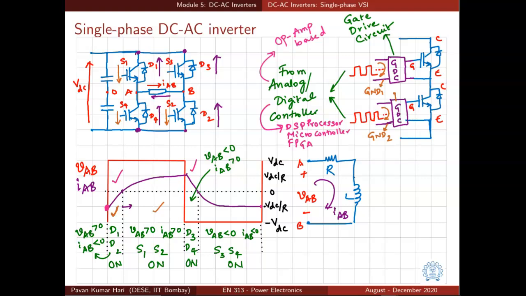Finally the pulses come out through the digital IO pins of these processors, which can directly be given to the gate drive circuitry. So this gate drive circuitry is an indispensable part. And also there are some protection circuits. One might want protection against overcurrent, short circuit, or over voltage or under voltage. So these kinds of protection circuits are also used to build a complete inverter circuit in many applications.